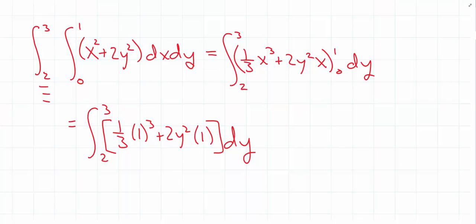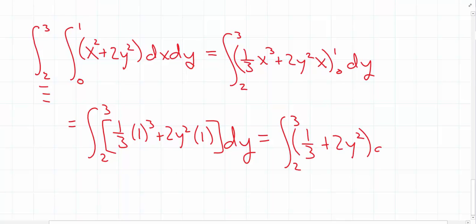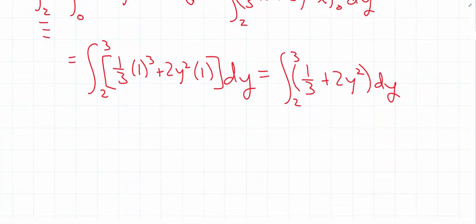So let's clean this up a little bit. I've got 2 to 3, and this is 1/3 plus 2y squared dy. Now we're right back to single variable calculus, right? Okay, so let's see what happens here.